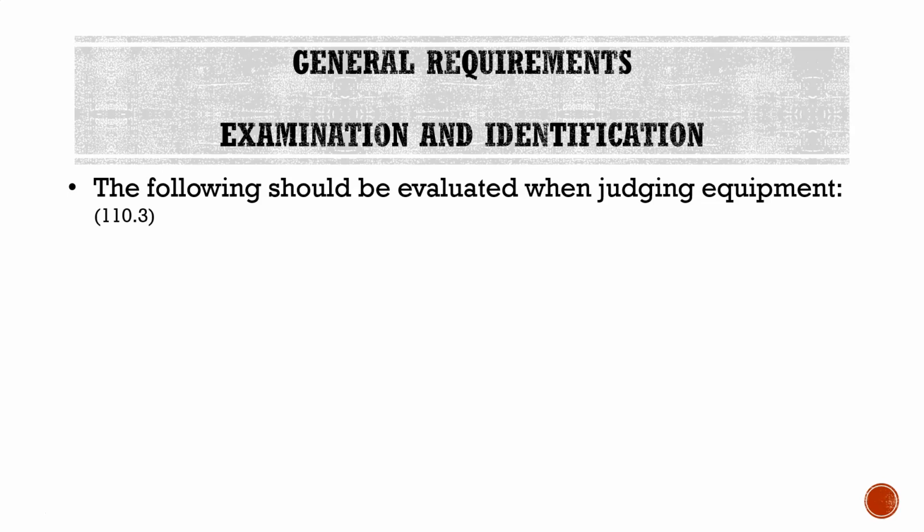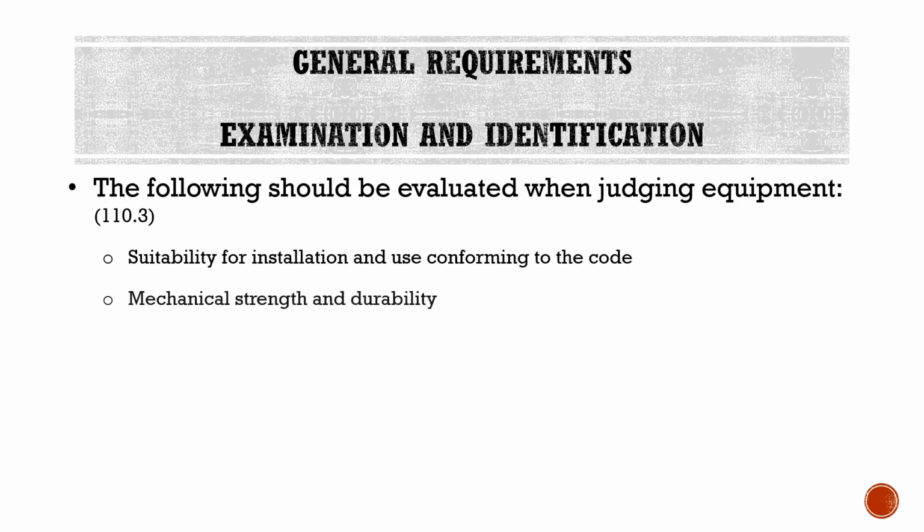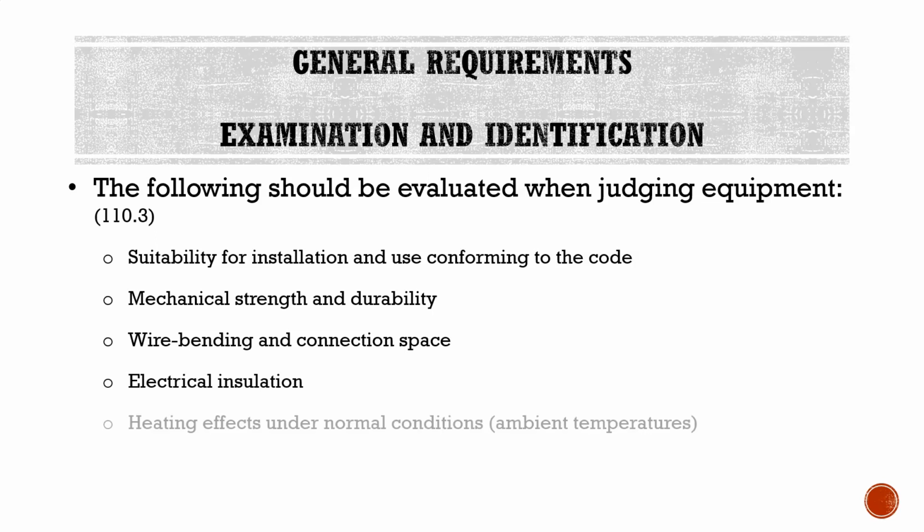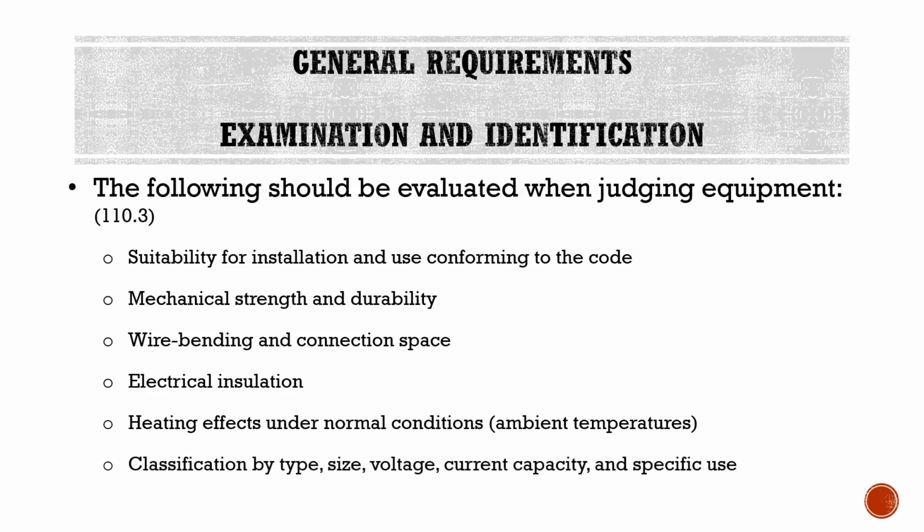So the first specific requirements we're going to be looking at of Article 110 are examination and identification, and this is going to be as it pertains to equipment. 110.3 tells us all the following should be evaluated when judging equipment: the suitability for installation and use conforming to the code, mechanical strength and durability, the wire bending and connection space, the electrical insulation, the heating effects under normal conditions, which is the ambient temperature, and the classification by type, size, voltage, current capacity, and specific use.